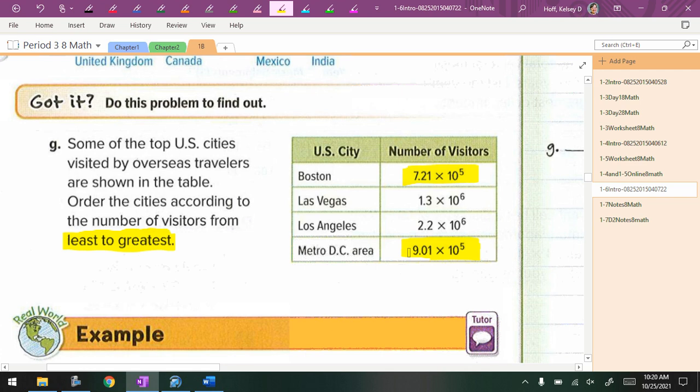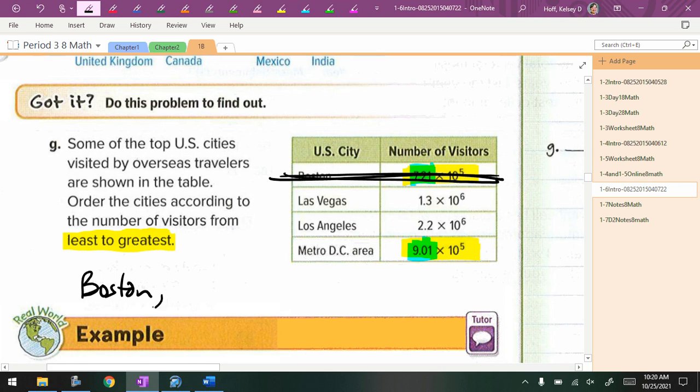Now, how do I tell the difference between those two? Now I look at my number out front, 7.21 versus 901. Which one's smaller? Okay, so the city with the least number of visitors? Boston. Okay, now I have a 10 to the 6th, a 10 to the 6th, and a 10 to the 5th. Which one comes next?